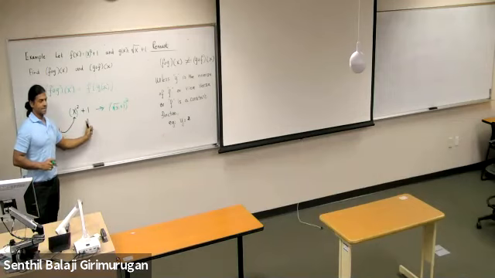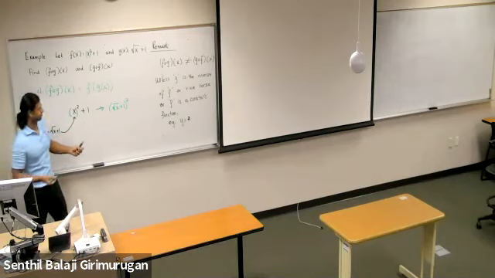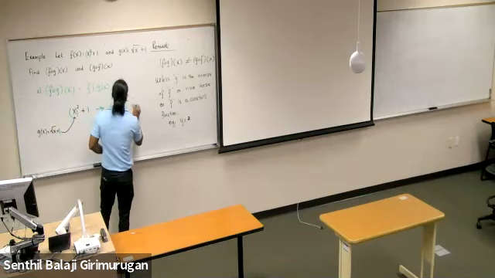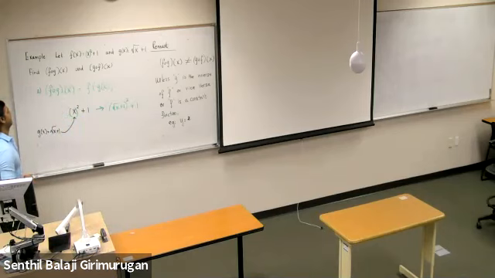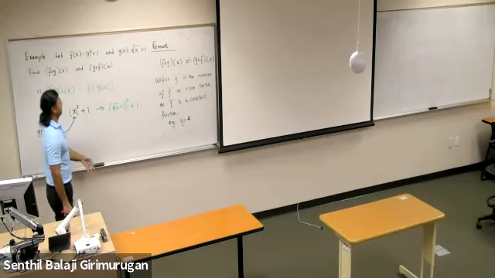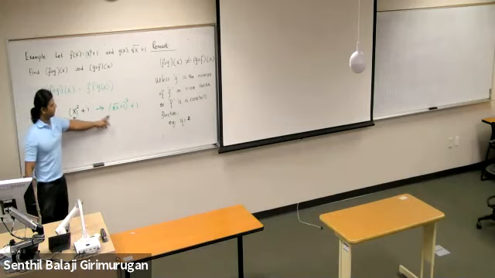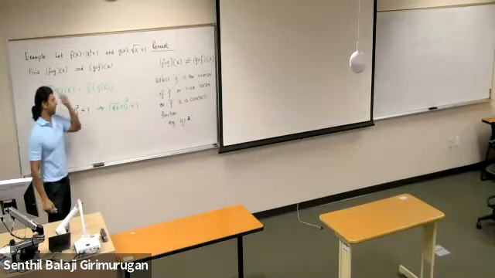There is no x there, so I'm going to leave it as is. Personally, this is the best way to keep the function. But if you want, you can FOIL this and then write it in an expanded version. That's entirely up to you.